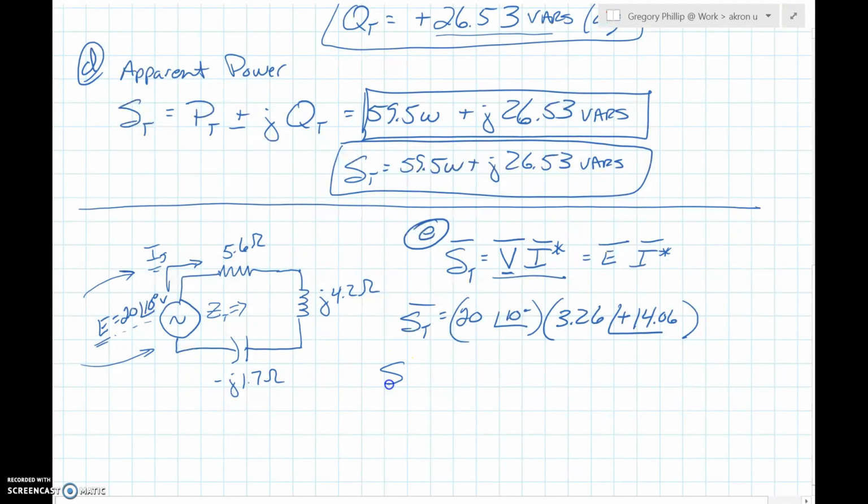Now, I'll plug those into my calculator, but in this case, because they're polar numbers, I can actually do this in my head. I just multiply the magnitudes, and then add the angles.